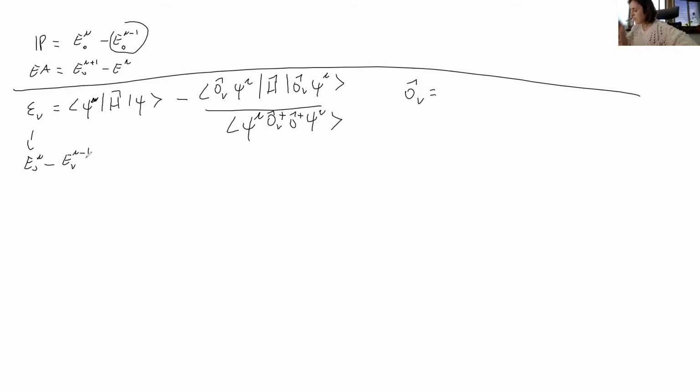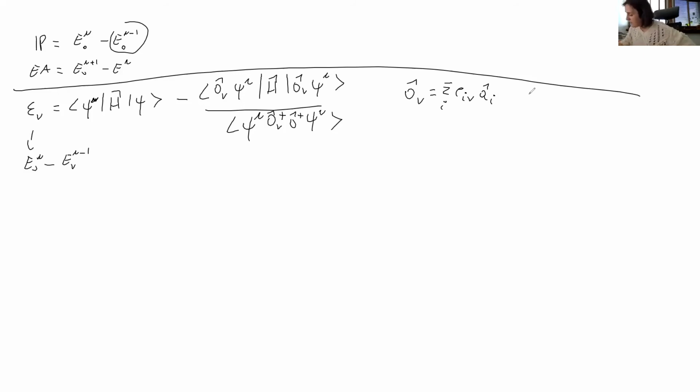So I define my operator as a summation over i of c_i times the destruction operator, and essentially I approximate my n-1 wave function by acting on psi_0, the n-electron wave function, and removing electrons from several orbitals.